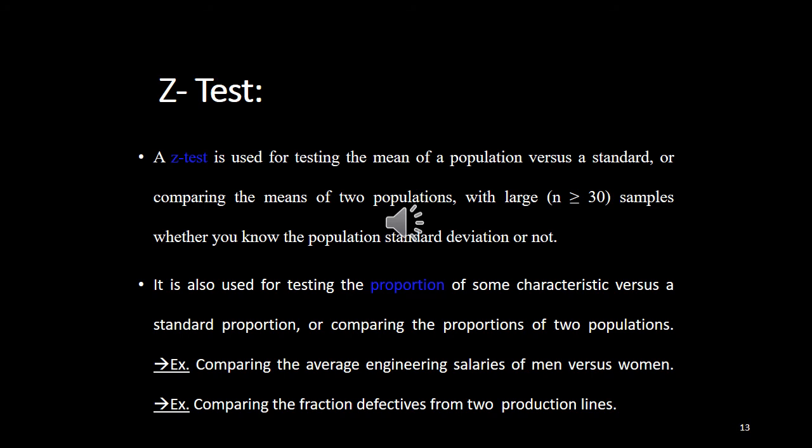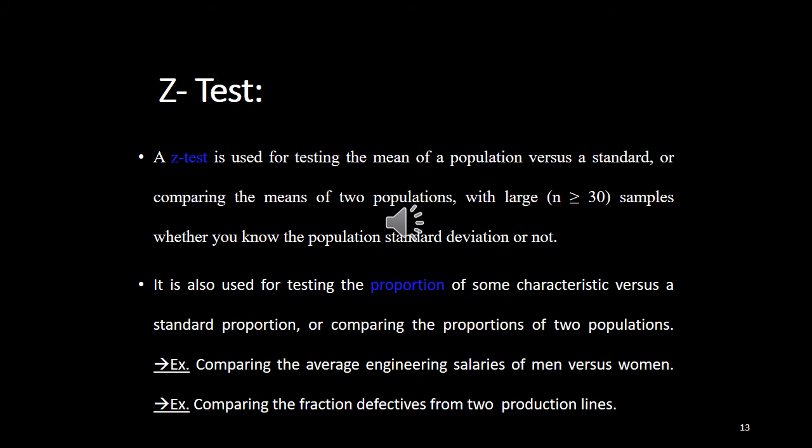So today, we start our testing procedure with the z-test. It is used for testing the mean of a population versus a standard, or comparing the means of two populations with large sample size, more than 30 samples, whether you know the population standard deviation or not.